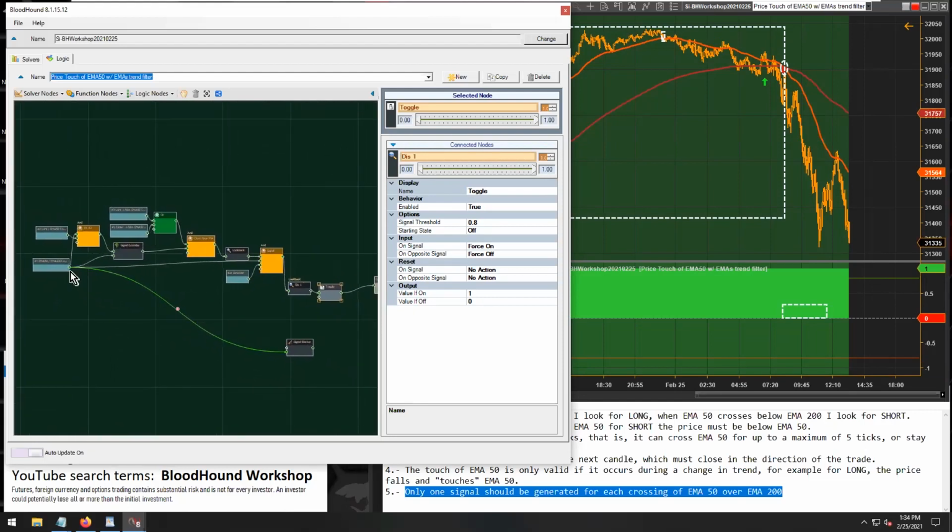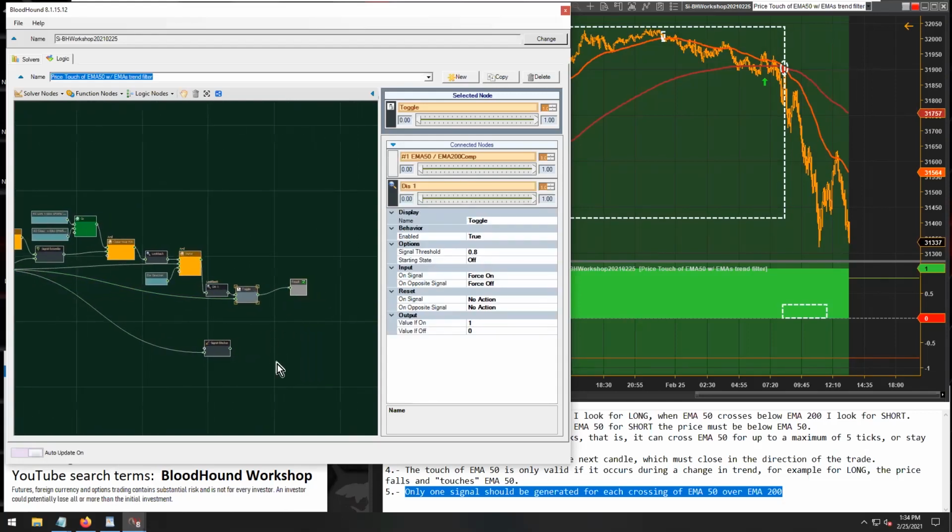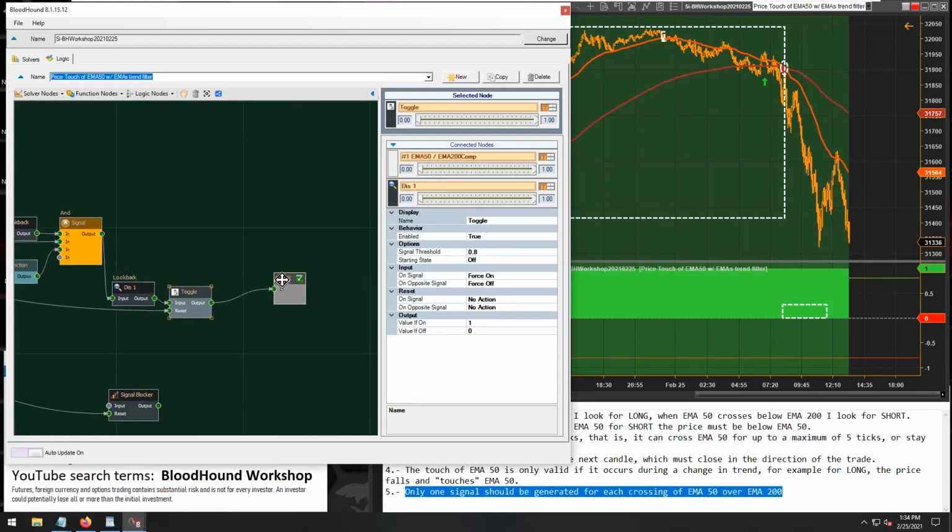So again, I'm going to use our EMA50 to 200 comparison to turn off our toggle node.